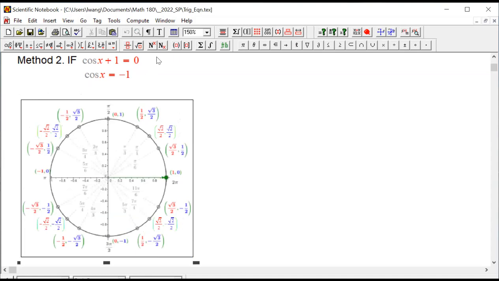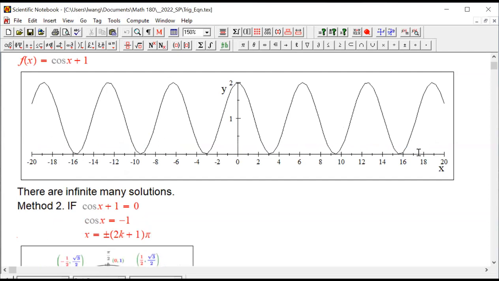So the x must be positive, negative multiples of pi, but not even number multiples of pi. So it's odd number multiples of pi. Those are the solutions. And of course, on the curve, those are the x-intercepts.